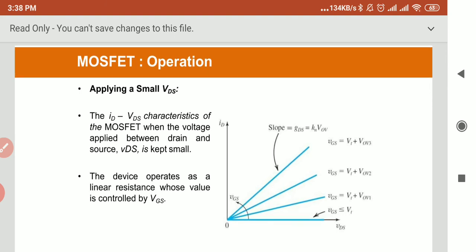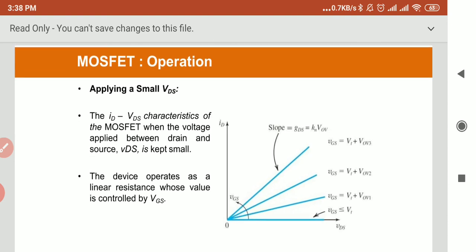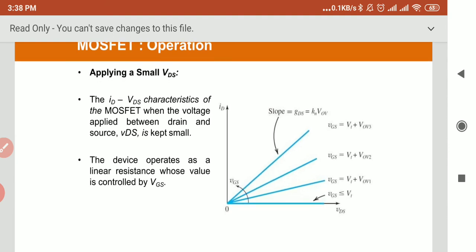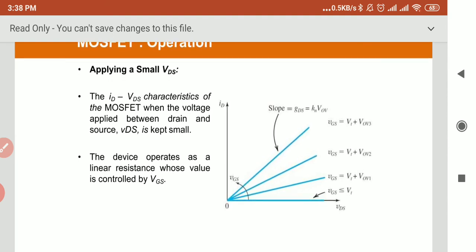In this region, the channel is created, and as VGS is greater than VTH and we are applying VDS, the depletion region will increase and diode D1 will be slightly reverse biased. Therefore the height of the channel will decrease, and the increase in resistance of the channel is negligible.